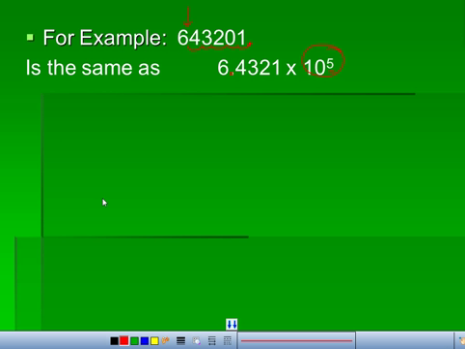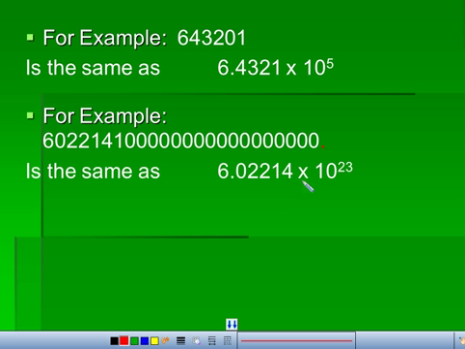All right, another example. Again, we've got a really, really big number. When we look at this number, our decimal is back here at the end of the number. So we're going to move it so that the decimal goes right here, and we're going to count how many places we move it. 1, 2, 3, 4, 5, 6, 7, 8, 9, 10, 11, 12, 13, 14, 15, 16, 17, 18, 19, 20, 21, 22, 23.